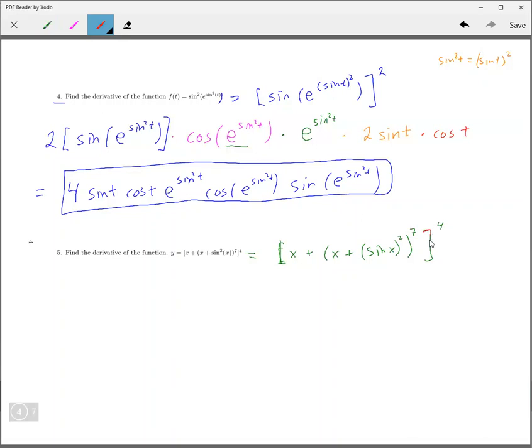Okay, so first of all, the outermost function is, all this is raised to the 4th power. So the outermost function is u to the 4th. Then you have a u right here. Okay, so the derivative is going to be 4 times u to the 3rd power.